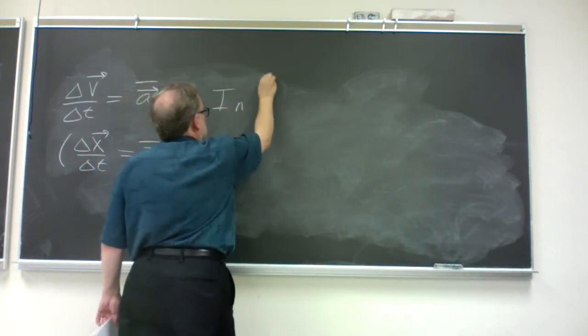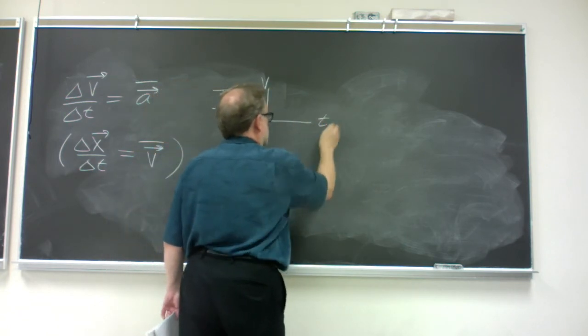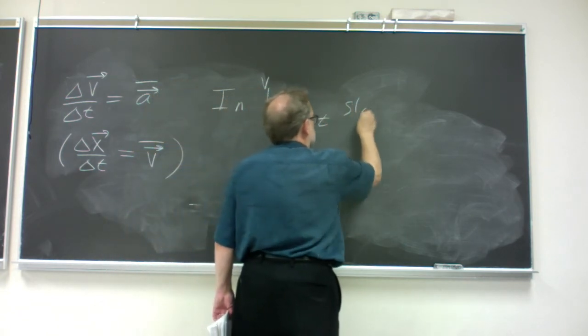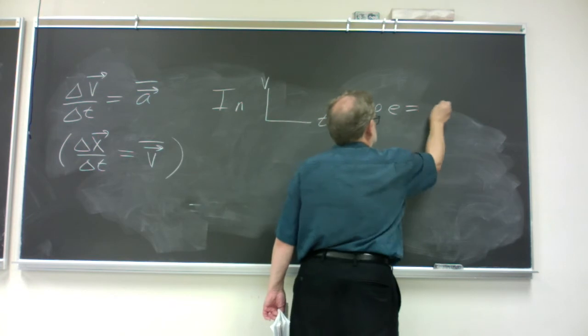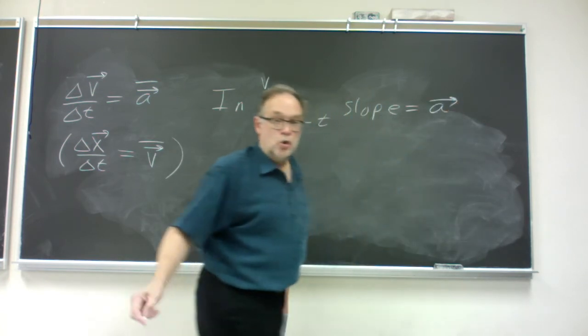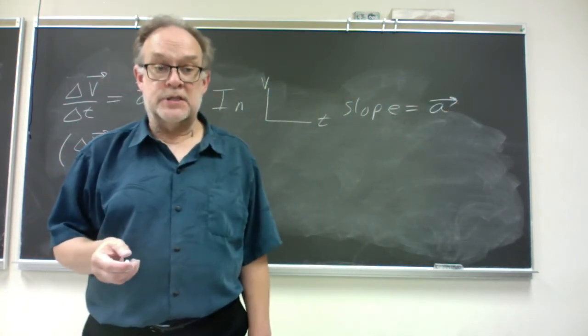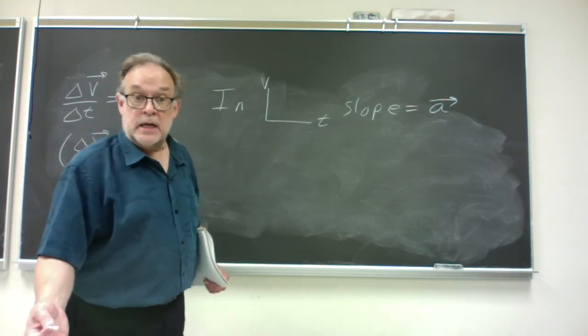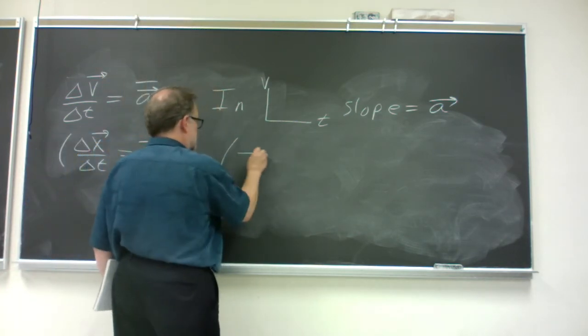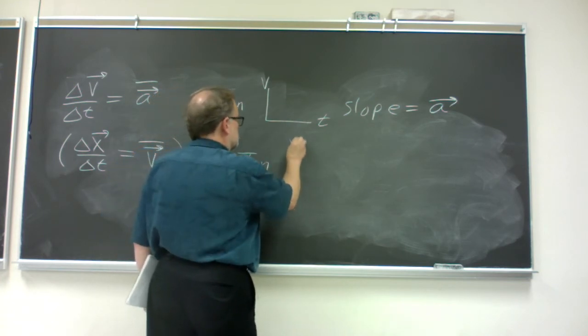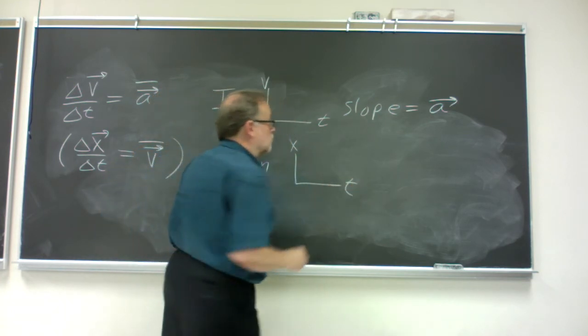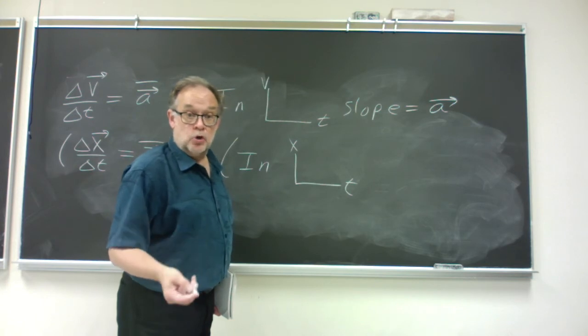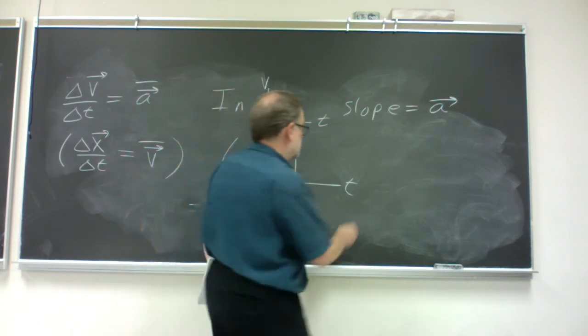In a velocity versus time graph, slope of the velocity line tells you what the acceleration is. Exactly the same way that in a position versus time graph, slope was velocity.